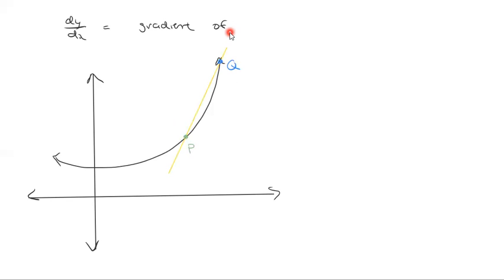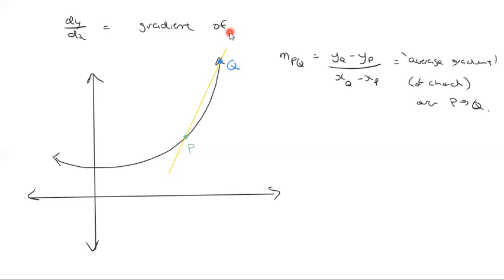So the gradient of PQ is the y coordinate of Q minus the y coordinate of P, divided by the x coordinate of Q minus the x coordinate of P, which is the average gradient of the chord over P to Q. So that's an average gradient, the gradient of a chord.